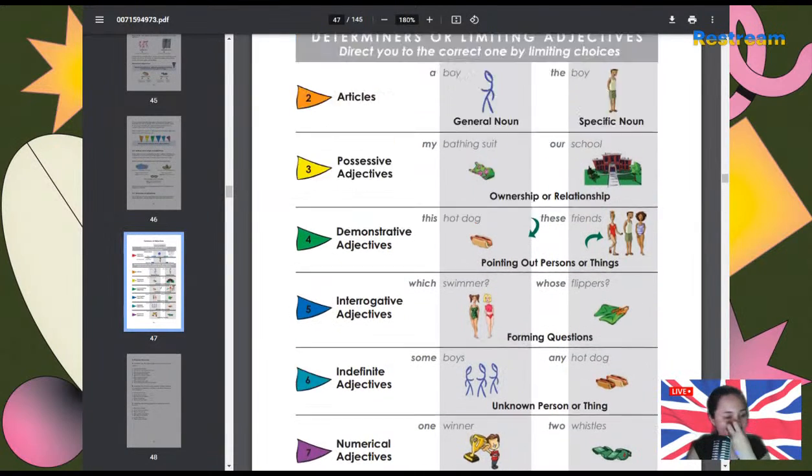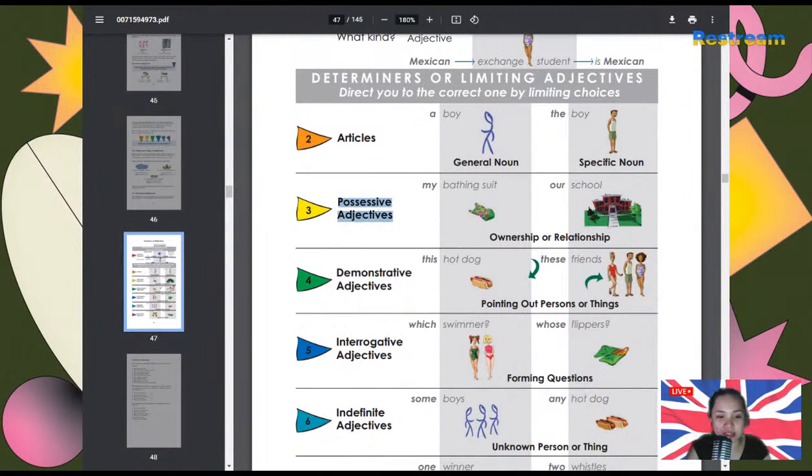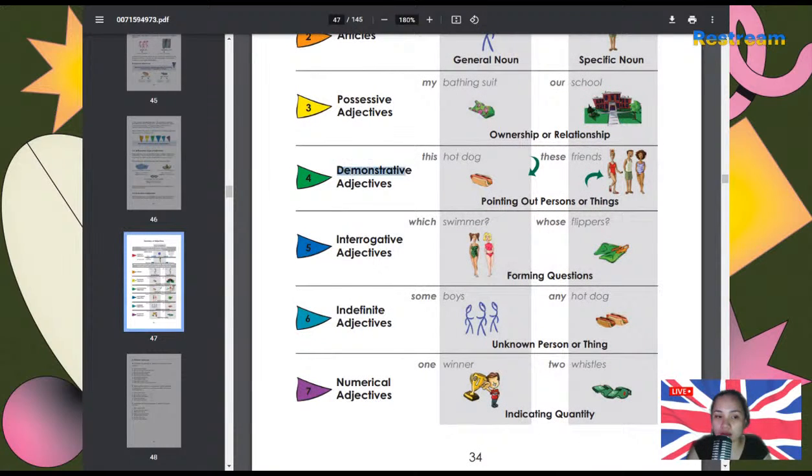We also have the possessive adjectives, showing ownership or relationship, for example using my or our. The fourth one is the demonstrative adjectives, using demonstrative pronouns to point out persons or things, for example this and these. Even that is also included, or those.